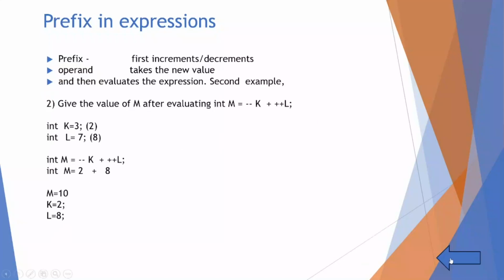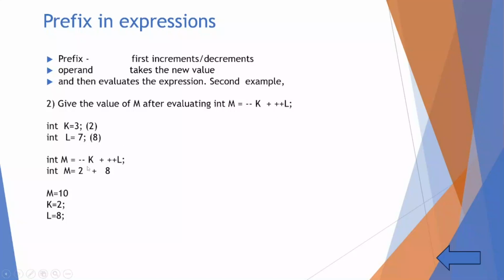Another example. Prefix means first increment or decrement, take the new value, and then evaluate the expression. Look at the expression: m = --k + ++l. This is pre-decrement and then pre-increment.